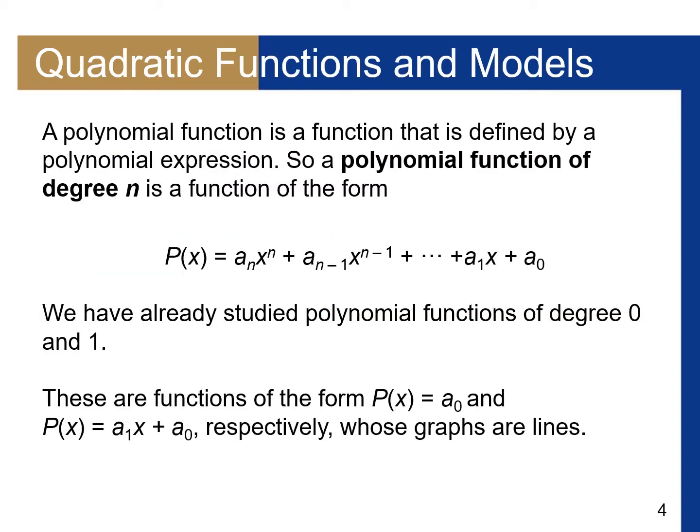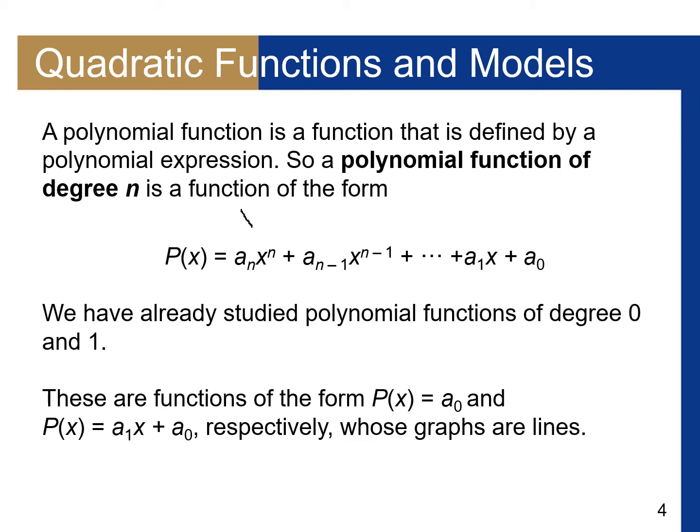So a polynomial is a function that's defined by a polynomial expression. So that just means that you're going to have possibly a constant. This could be 1, and then a base to an exponent, and then another constant, and then the base to a smaller exponent. So some of these exponents might be 0 and they may not exist. So anyway, this looks more complicated than it actually is. All it's saying is that you have polynomial functions.